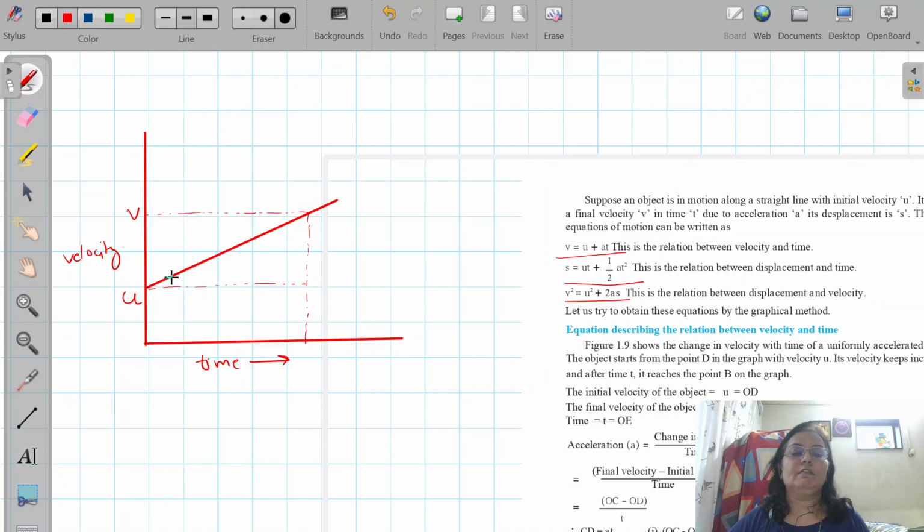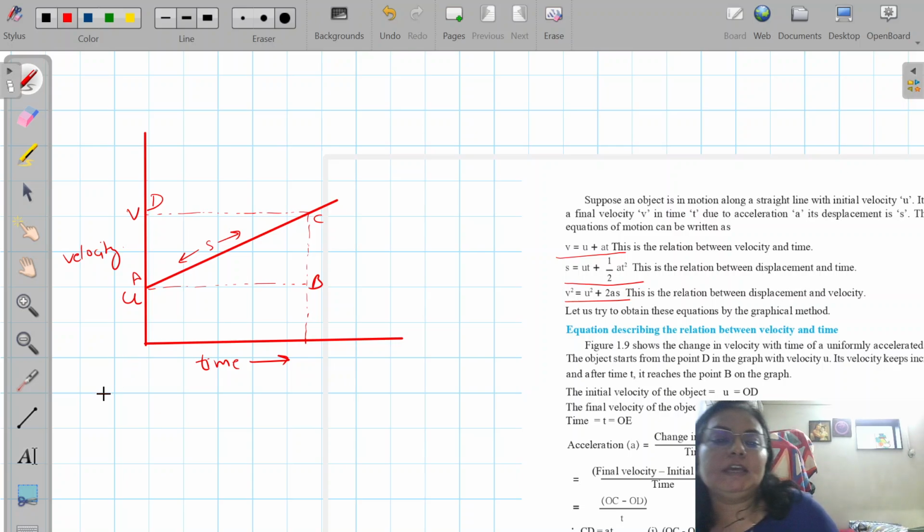Now suppose it covers a distance of s between A to C, and its velocity is v.